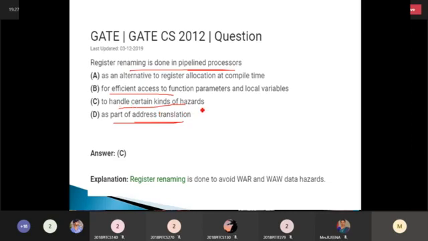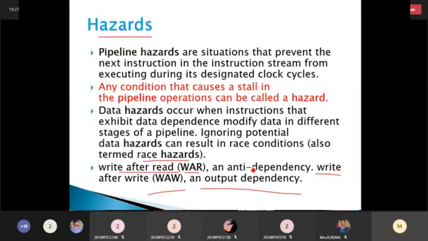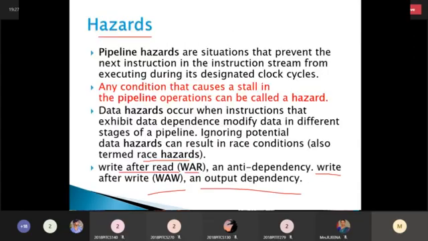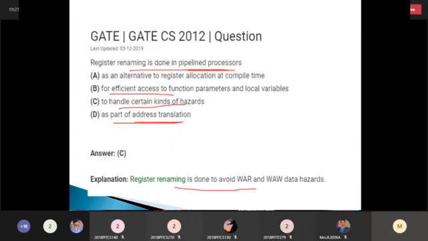To handle certain kinds of hazards, because register renaming is done to avoid WAR. What is meant by WAR? As I said previously, WAR is nothing but write after read. And WAW is write after write. So register renaming is done to avoid write after read and write after write hazards.